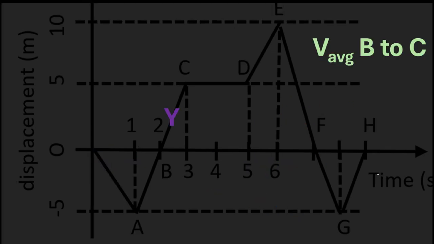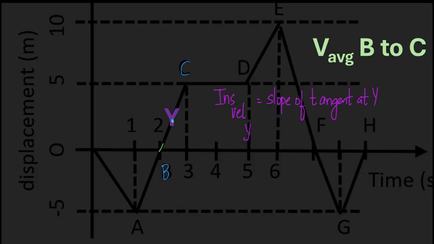And if you have given it some time to think, let's try to write down the slope for this point here, y. So y is a point which is on the segment BC, right? So if we were to write instantaneous velocity at y, that will be equal to what? Will be equal to slope of tangent or chord. Exactly, that will be equal to slope of tangent at y. Then we'll have to drop a tangent at y.